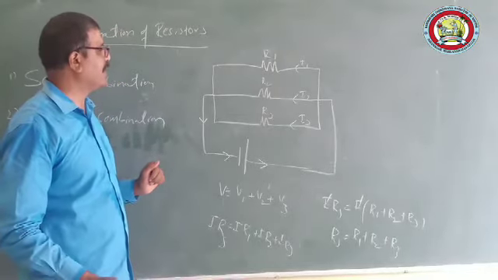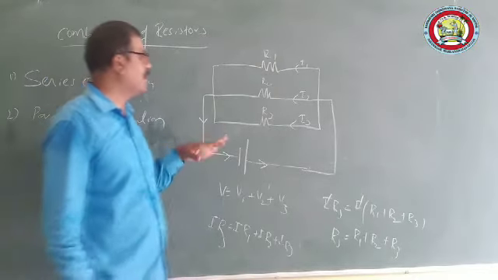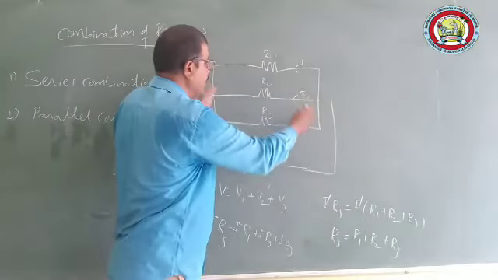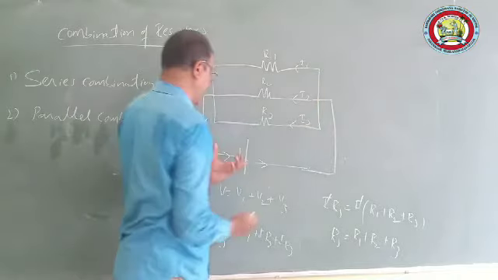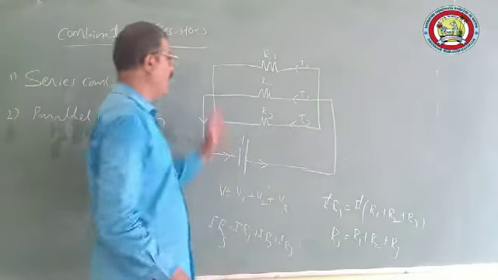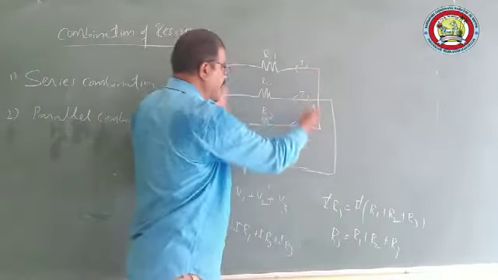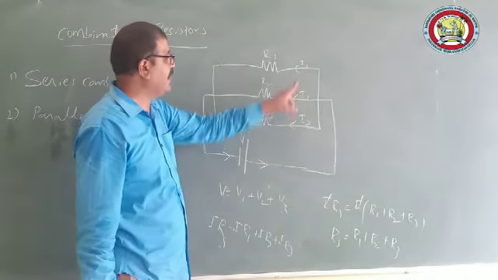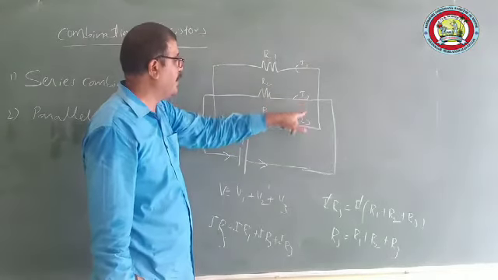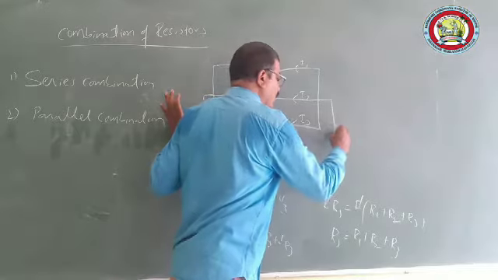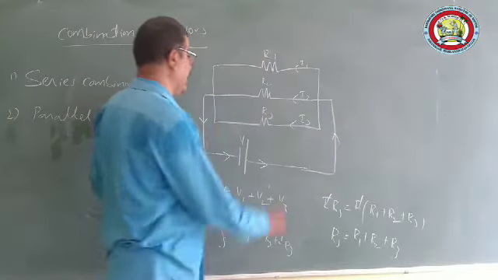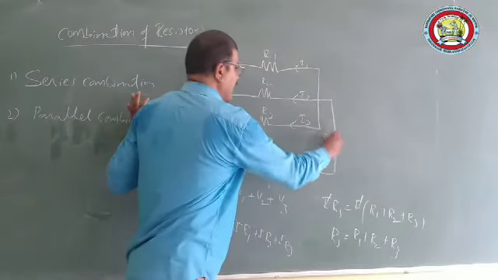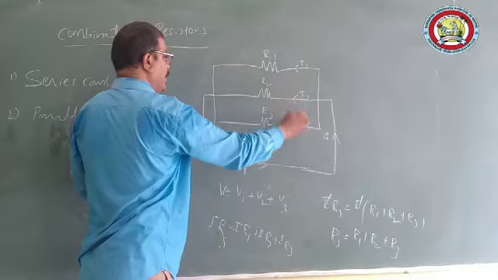Let us try to understand what a parallel combination is first. In a parallel combination, all the resistors will be across the same potential, that is V, while the current will be divided into I1, I2 and I3. Say if I is flowing in this direction and coming here, this I will be divided into I1, I2 and I3.